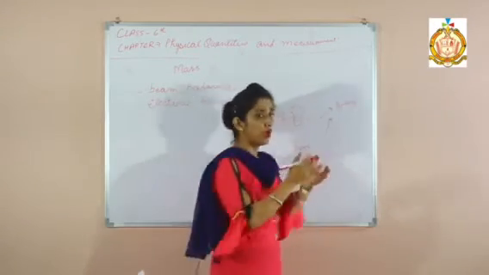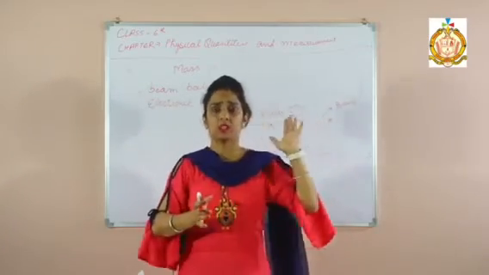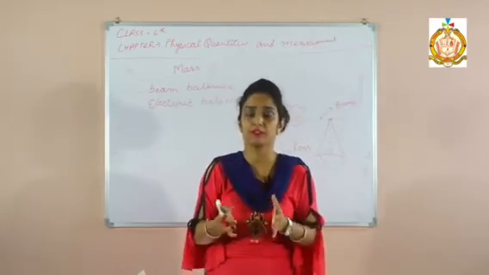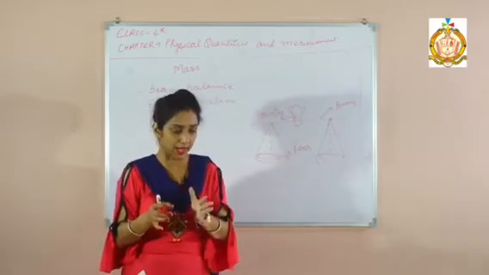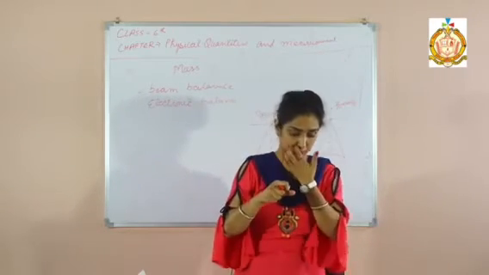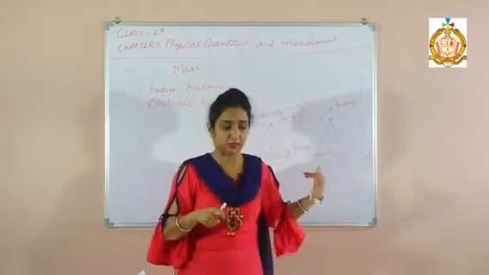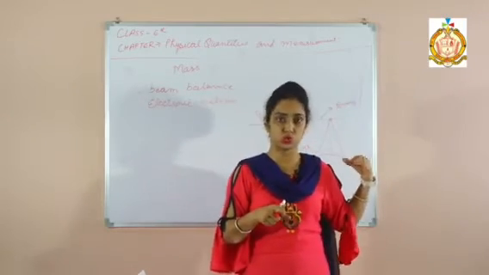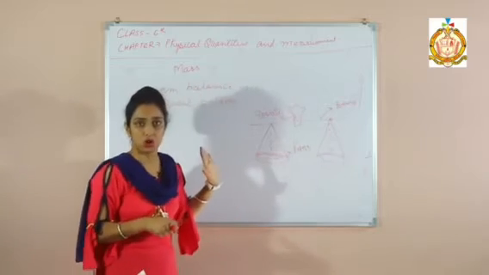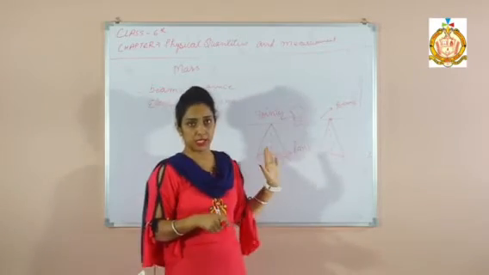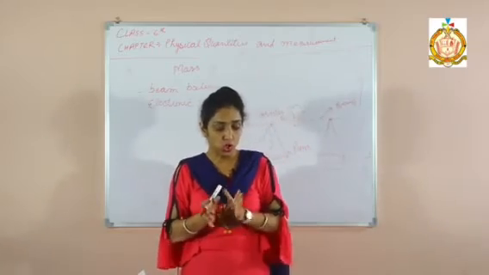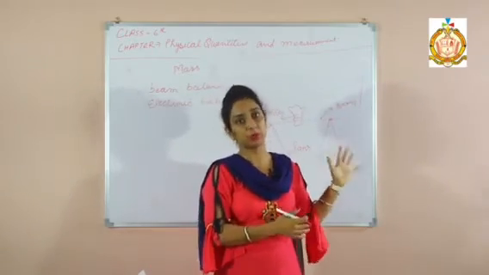What you people see is a taraju. Most of the time when we go to buy vegetables, the vegetable sellers weigh the things with this. This is called the beam balance. With this help we can measure the mass.